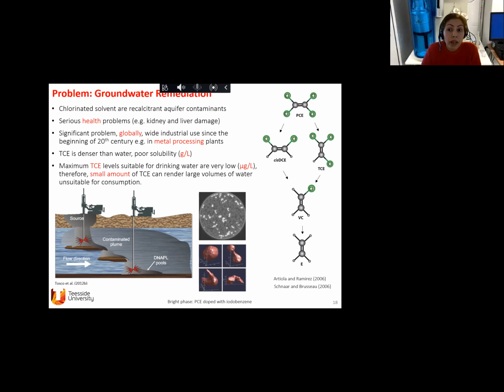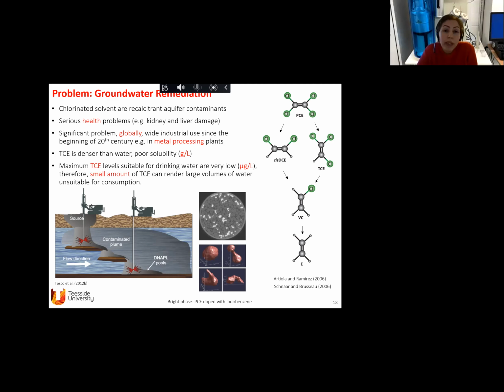They're really nice solvents in terms of properties. As a good solvent, they're really powerful. And when we started many decades ago using these in industry, we didn't know that they actually have quite a lot of health implications. For instance, they can cause kidney and liver damage. Some of them are actually carcinogenic. I've actually seen people who have been exposed to this and later on have been diagnosed with cancer.